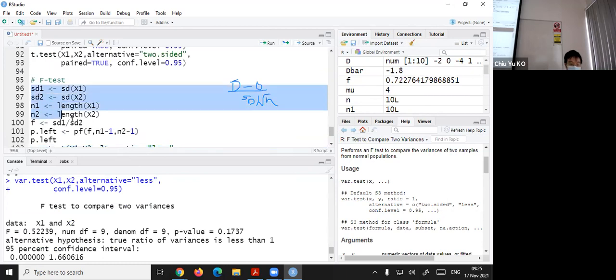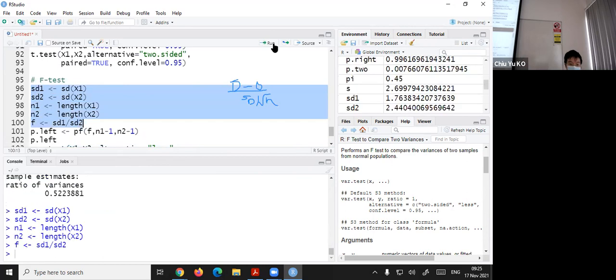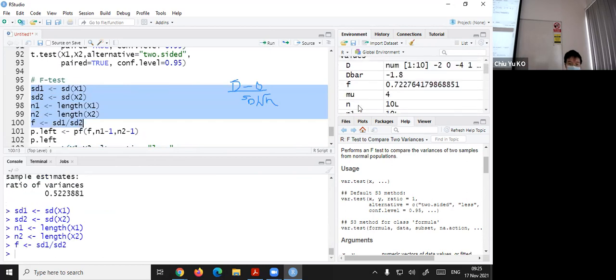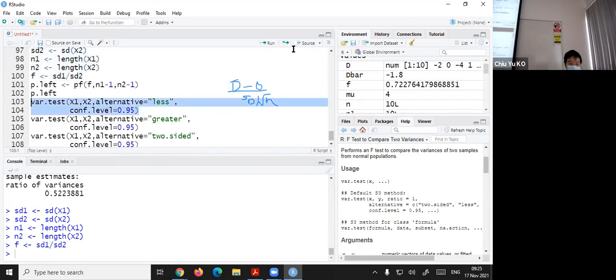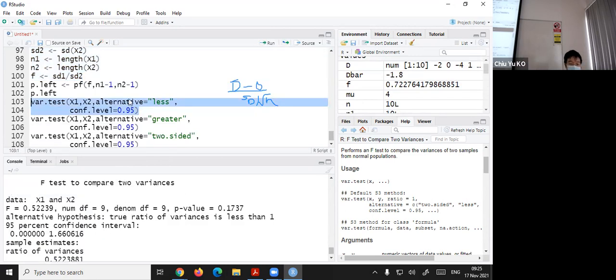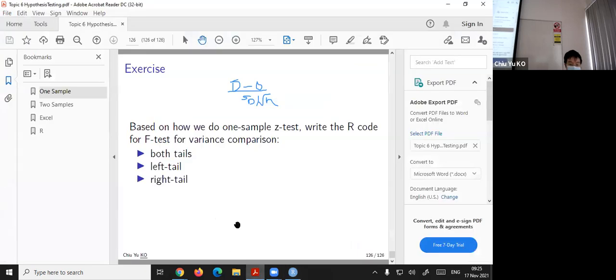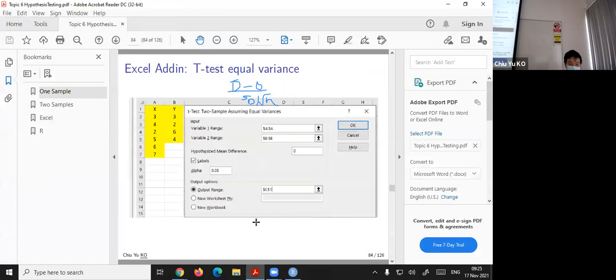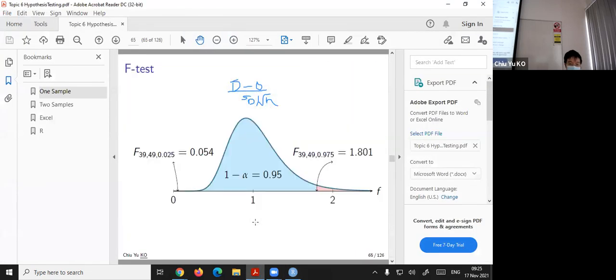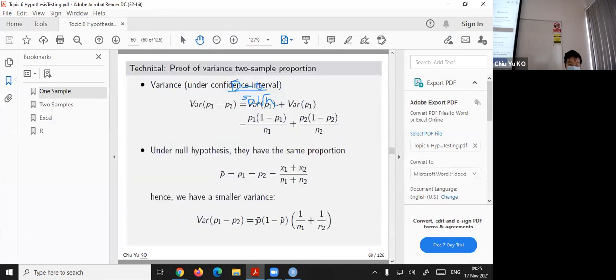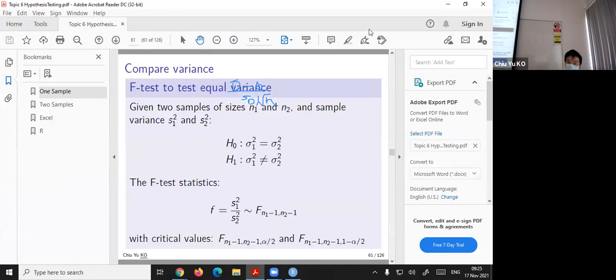Do I do it right? Let's see. Yes. Let me see the formula, is it right? Yeah, S1, oh, not SD, sorry.